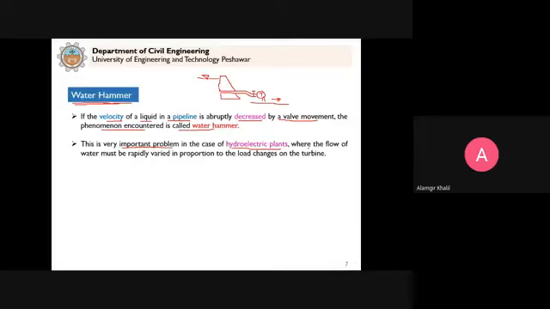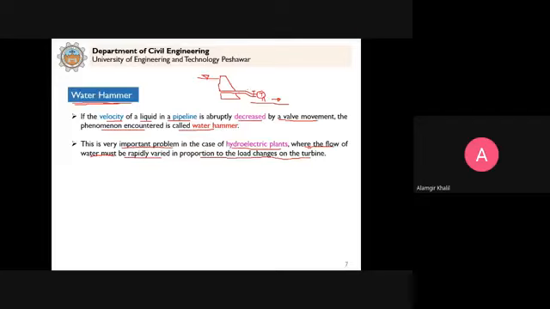Clear? So in hydroelectric plants where the flow of water must be rapidly varied in proportion to the load changes on the turbine, we have to suddenly close the valve because we want to stop the turbine. The load has dropped. We do not want to generate electricity for that period.